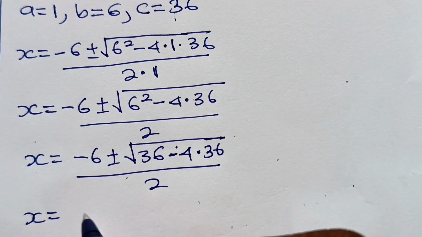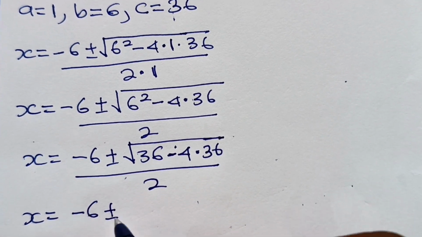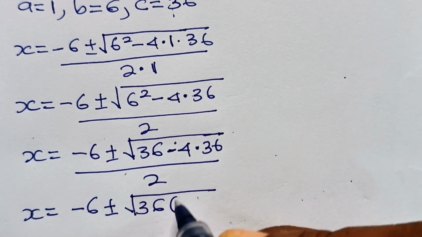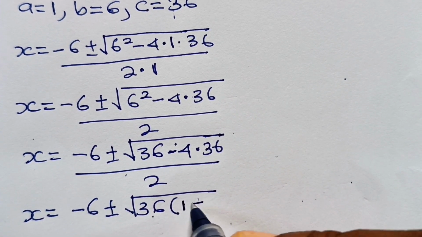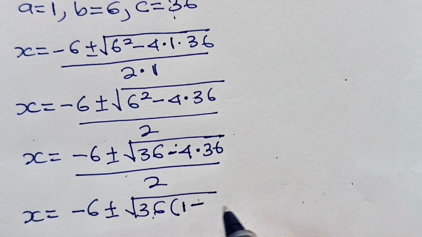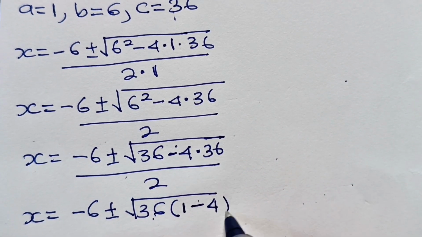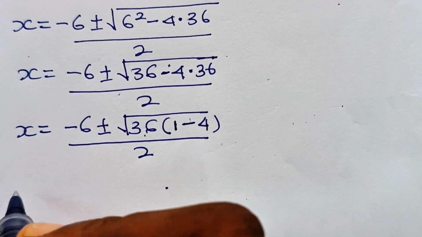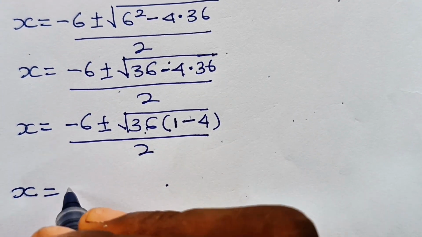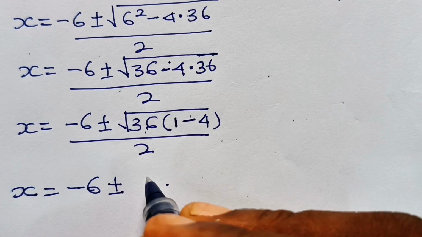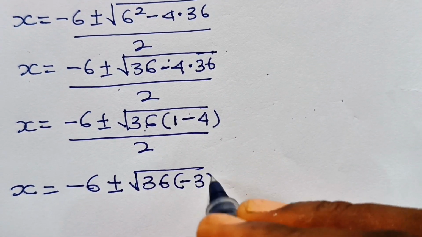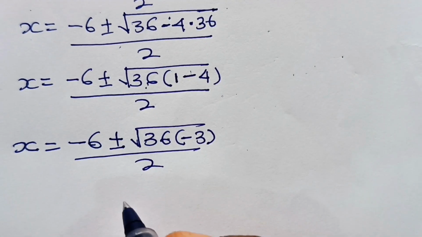Now x is equal to minus 6 plus or minus square root of, let's factorize 36 out. Now 36 divided by 36 is 1. 4 times 36 divided by 36 is 4. Everything divided by 2. So we have that x is equal to minus 6 plus or minus square root of 36 multiplied by minus 3, everything divided by 2.